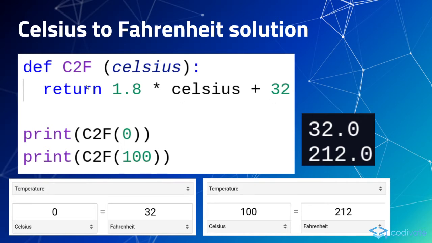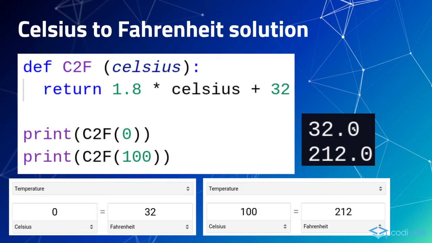This is going to be returned by our function, and we can test it out through a couple of function calls. We can test it out with Celsius getting an argument of 0. C2F of 0, we would be returning 1.8 times 0, which is 0.0, plus 32, which would be 32.0.